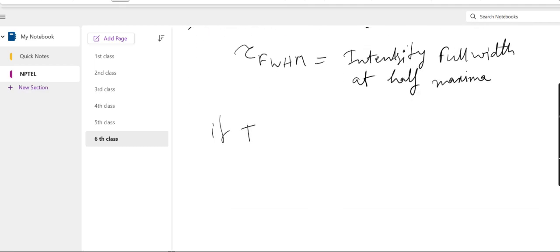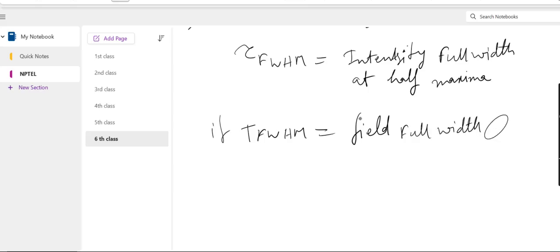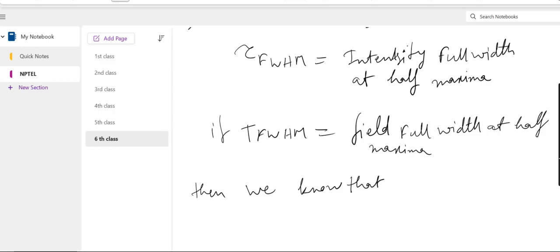So if T FWHM is the field full width at half maximum, then we know that the field full width at half maximum is 1 by root 2 times the intensity full width at half maximum.